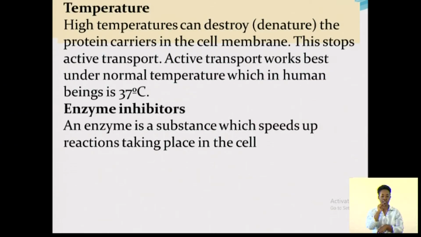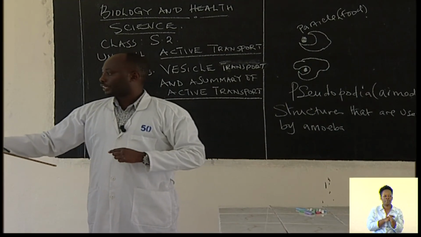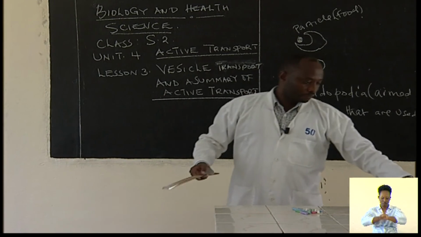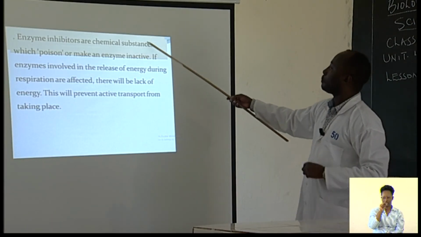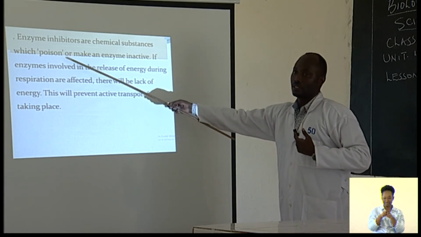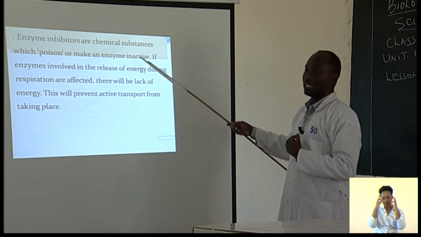An enzyme is a substance which can speed up or slow down the rate of reaction taking place. Enzyme inhibitors are chemical substances which are poisonous or make the enzyme inactive.